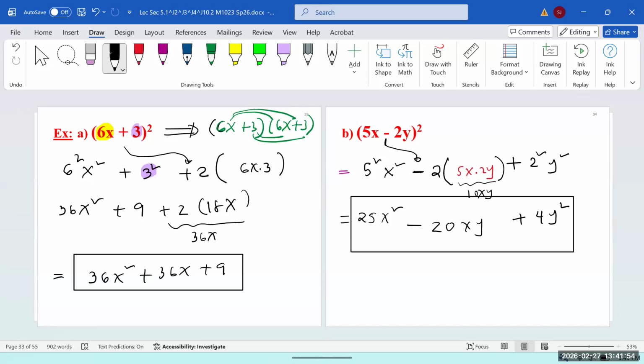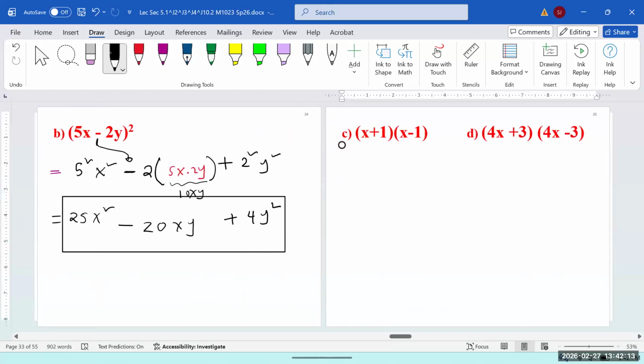Usually when we have x and y, we write all the x first and then the y. That's why. But if you write 25x squared plus 4y squared minus 10xy, it's right. Can you try to do it with the FOIL method? Yeah, the foiling method.